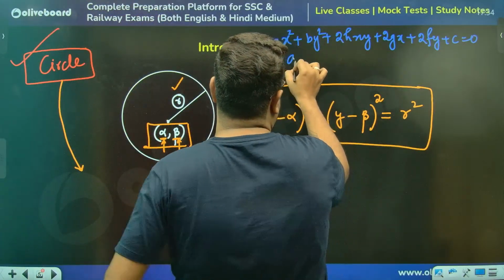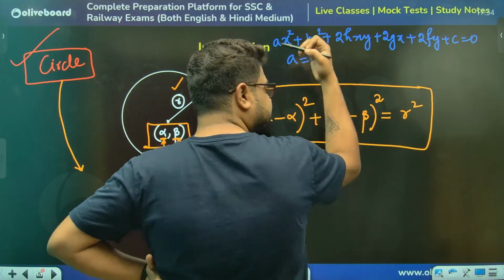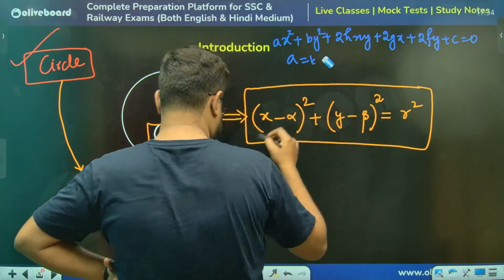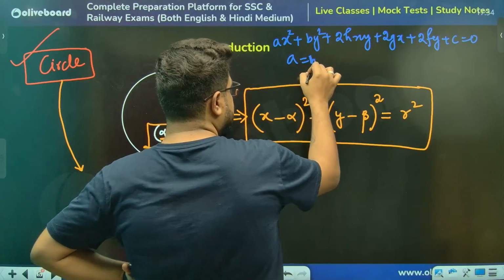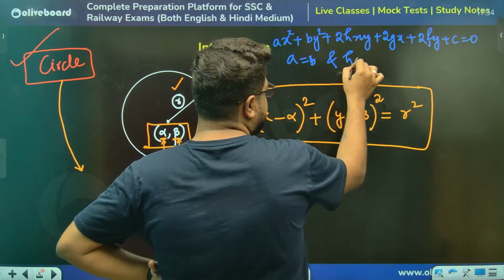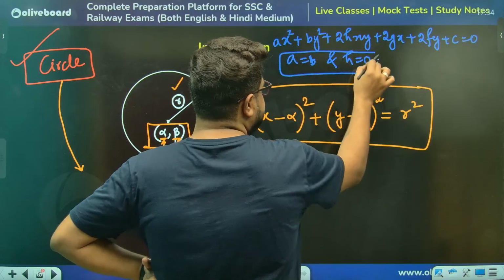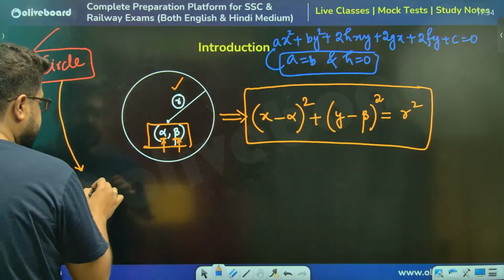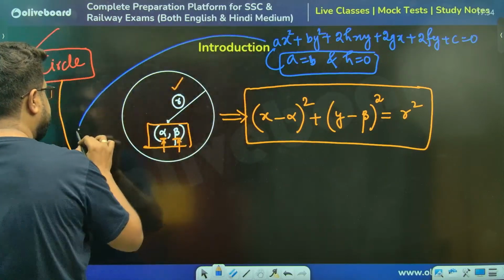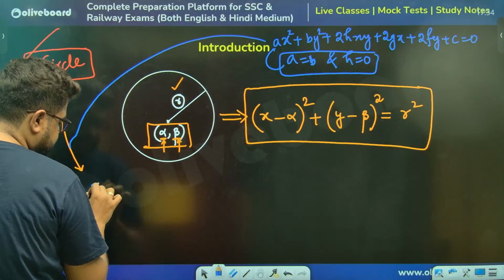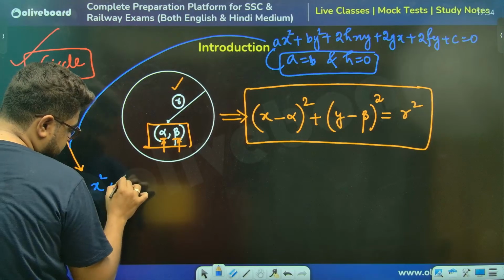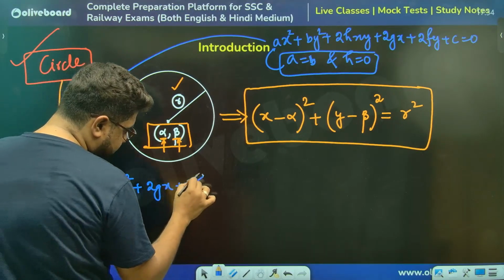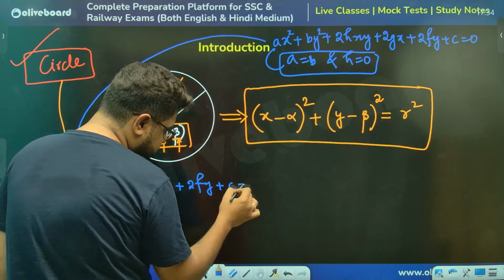So if a equal to b, it need not be 1, it will still work, and h equal to 0, then from this equation we get a circle. And how does it look? It looks like this: x square plus y square plus 2gx plus 2fy plus c equal to 0.